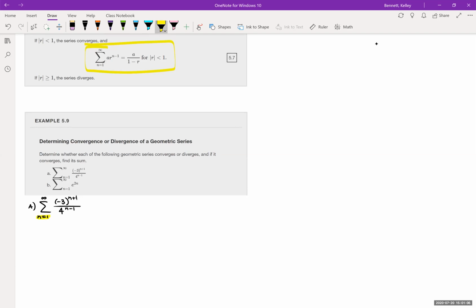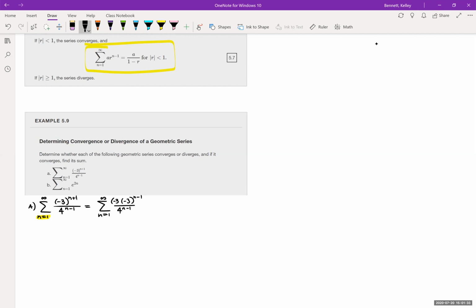But the issue I'm having is that -3 to the n plus 1 doesn't fit with what I have in equation 5.7. So I'm going to do that sneaky thing where I just peel off copies. So I have n equals 1 to infinity, 4 to the n minus 1 on the bottom. I really need a -3 to the n minus 1 up here, which means that I need to pull off 2 copies of -3.